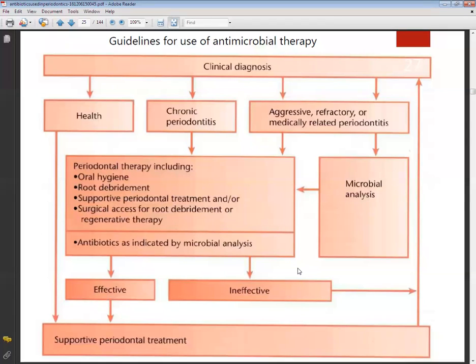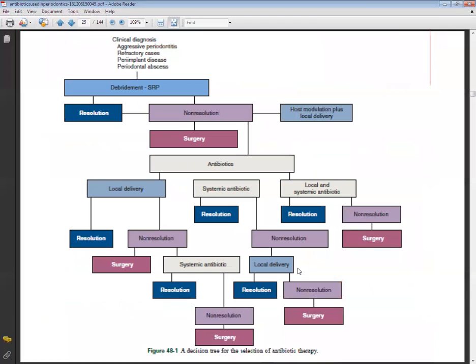For these patients we have to do microbial analysis, and based on this we prescribe the systemic antibiotics. After the treatment is successful, those patients are kept on supportive periodontal therapy.